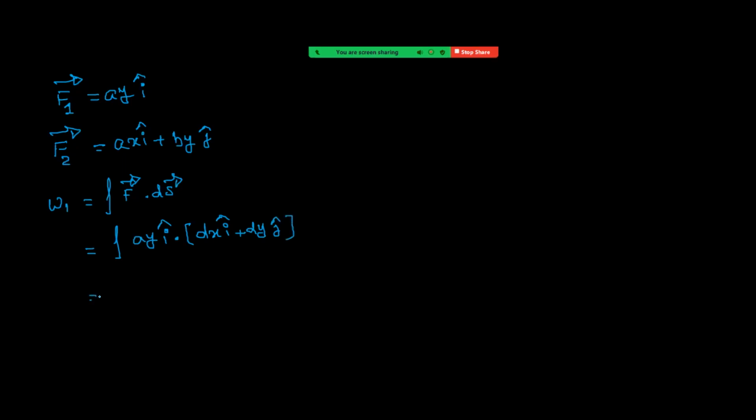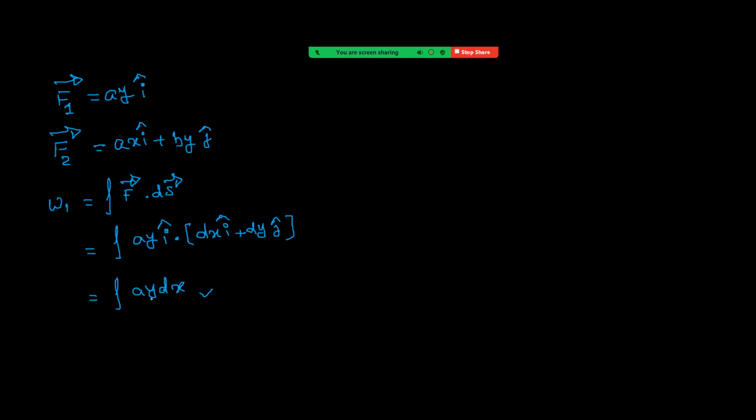Now simplify this. i cap dot i cap is 1, i cap dot j cap is 0. So focus only on this first part: integration of Ay dx. To simplify this, we should know the relation between y and x.